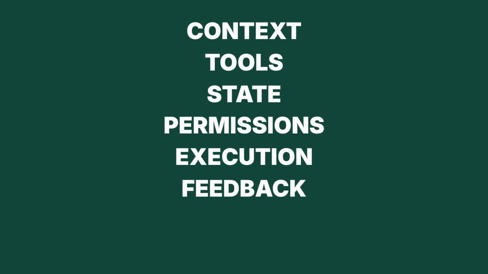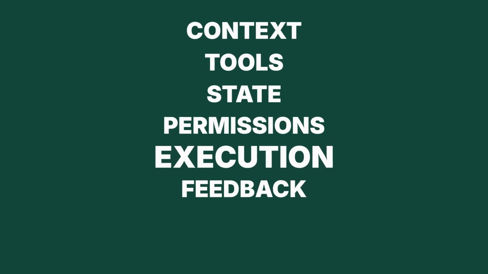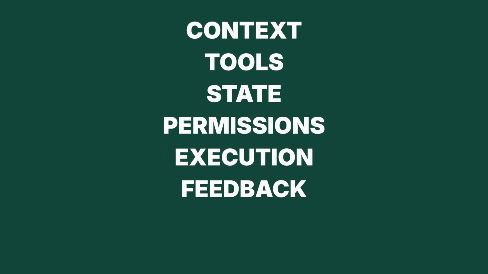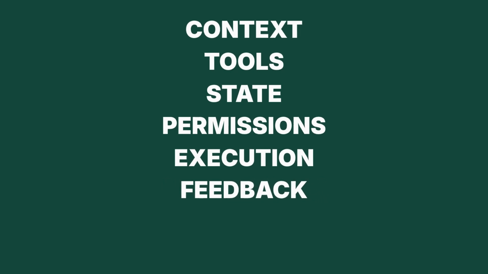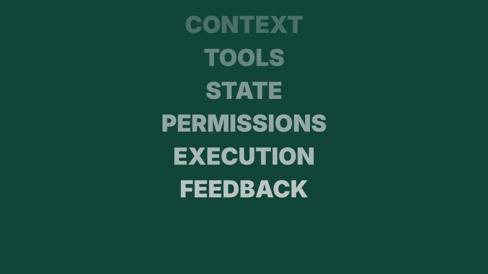Which actions are allowed, which inputs must be validated, and when approval is required. Fifth, an execution environment, the sandbox, browser, terminal, or service where actions actually run. And sixth, feedback and observability, tool results, tests, logs, traces, and other signals that tell the agent and the humans supervising it whether the work succeeded.